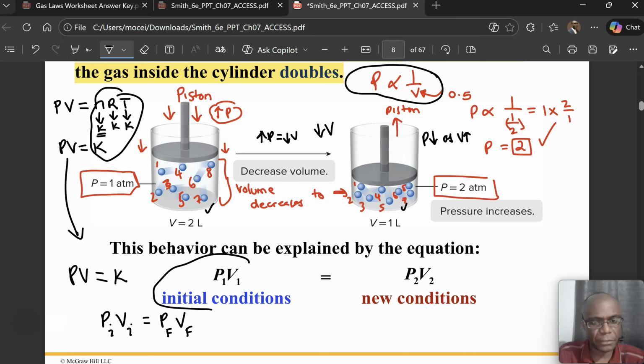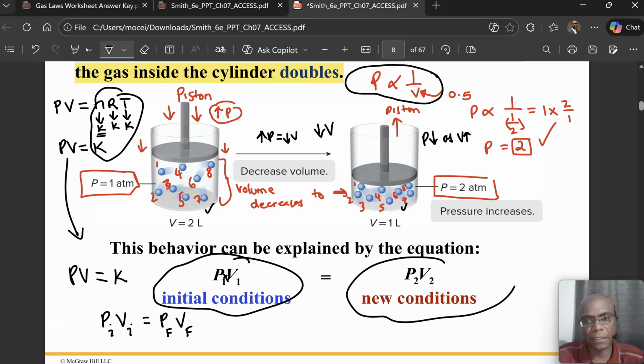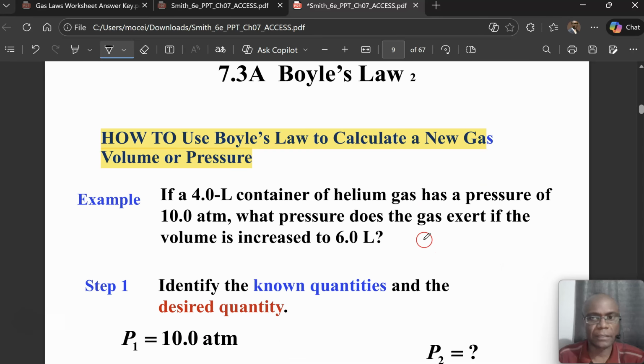So initial conditions multiplied must give us the same answer as the after conditions, because they are always a constant K. So we can take advantage of that and do an example.